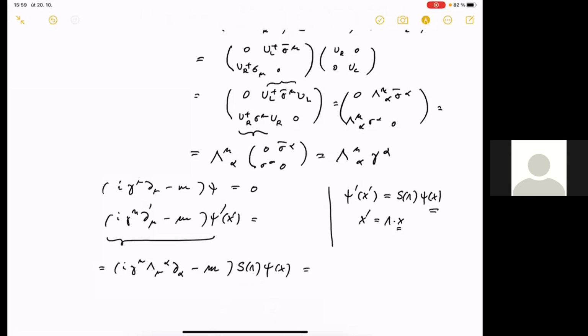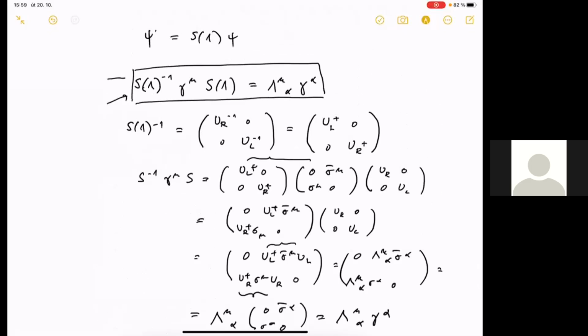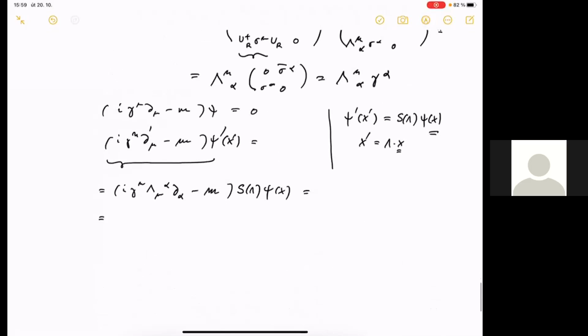So let us make use of this expression and let us introduce artificially this S inverse here. But in order to have equality, we should adhere such a one in special form, and the rest is the same.